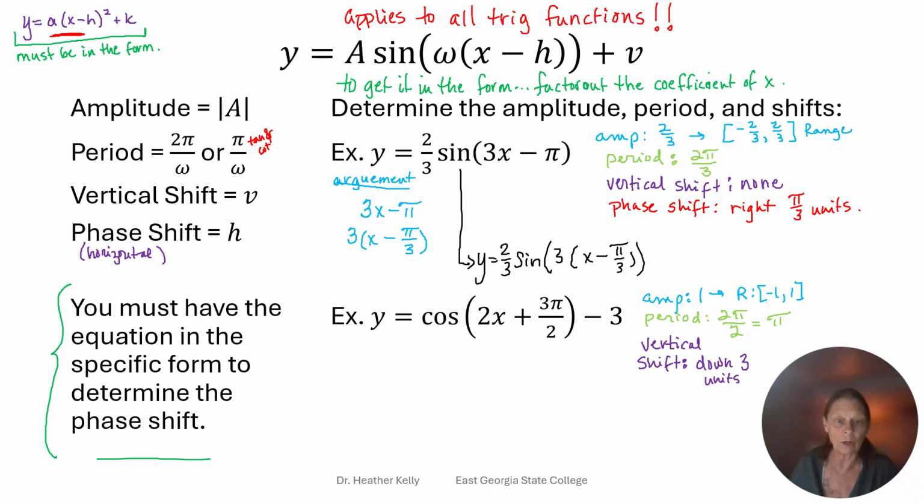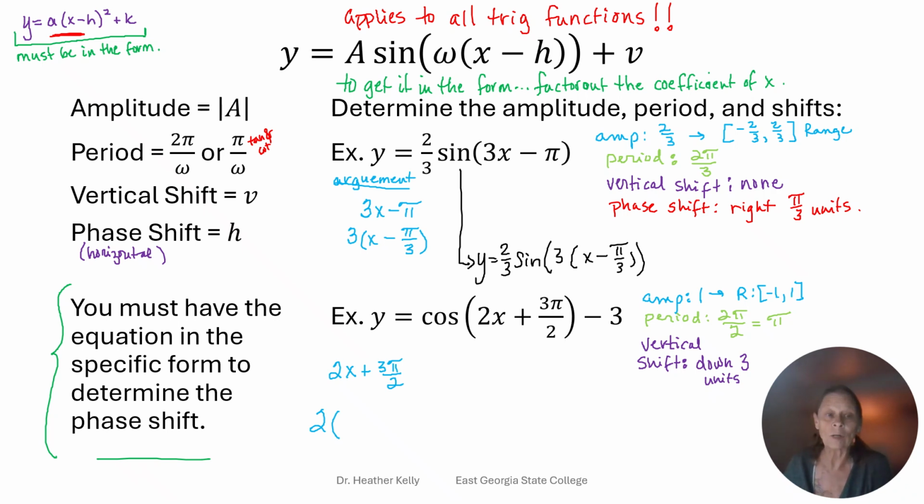And then let's figure out what our phase shift is here. We're going to take the argument 2x plus 3 pi over 2, and we're going to factor this 2 out. Now, listen, I don't expect you to be perfect at doing this, so I'm going to really break it down for you.